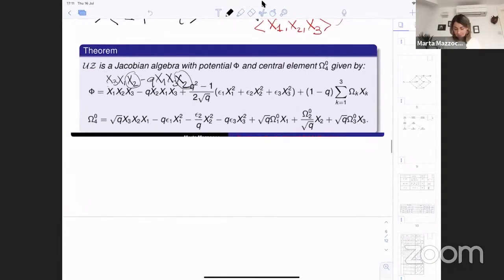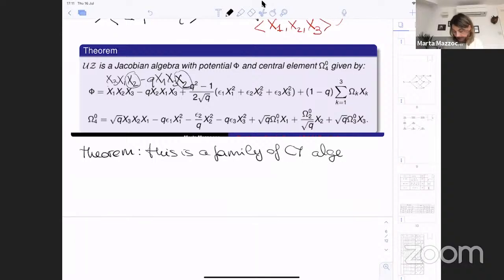Not only is it a potential algebra and Jacobian, but as I said, it is Calabi-Yau. This is a family of Calabi-Yau algebras. The way we prove it is to prove that in the semi-classical limit, the Poisson algebra is unimodular.